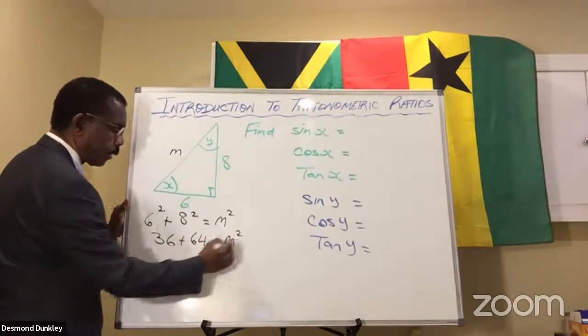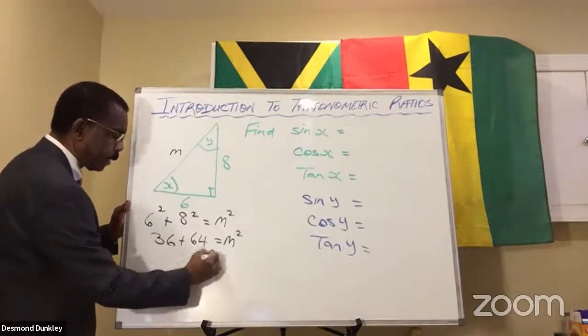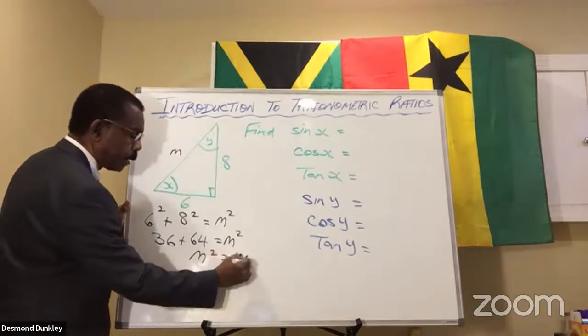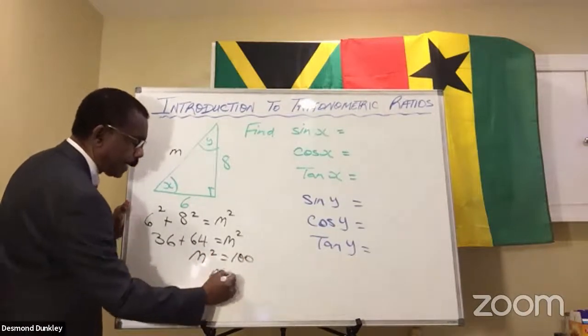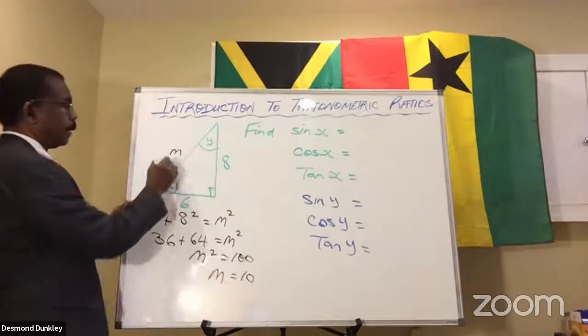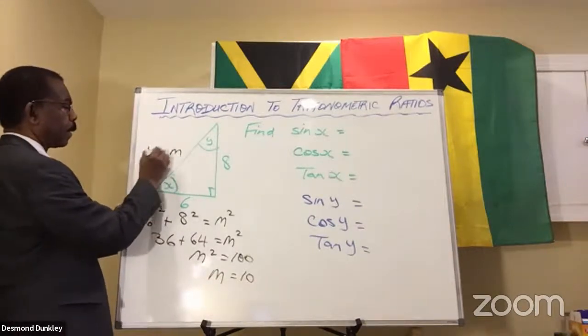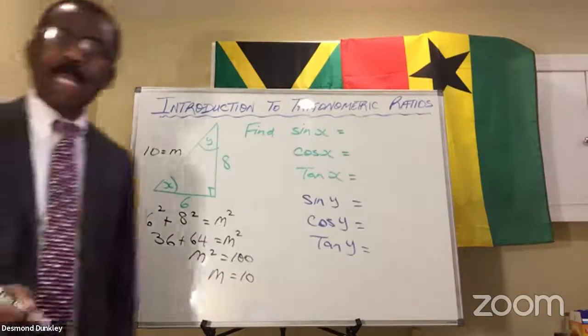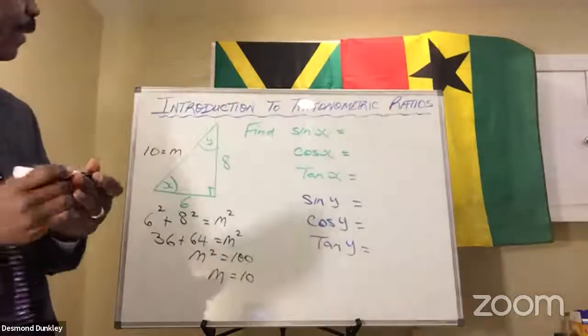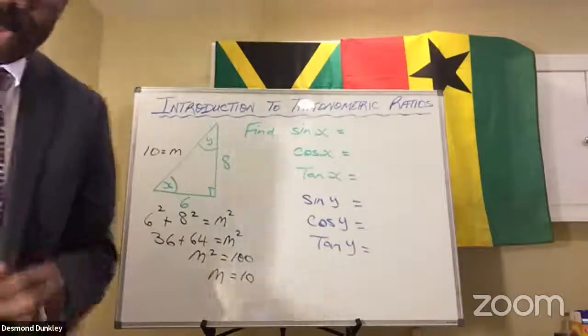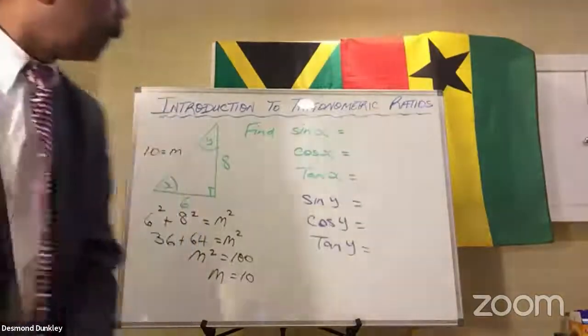Equal to M squared. So we realize that M squared is equal to 100. So therefore, M has to be 10. So we could put that side is 10.